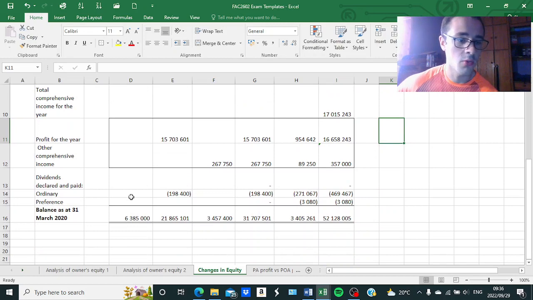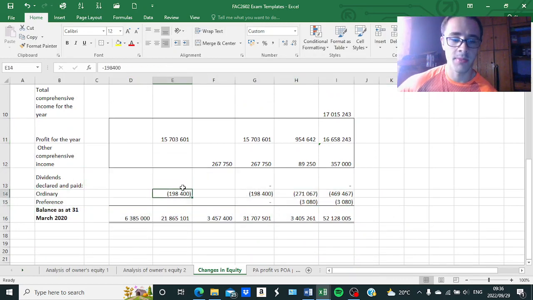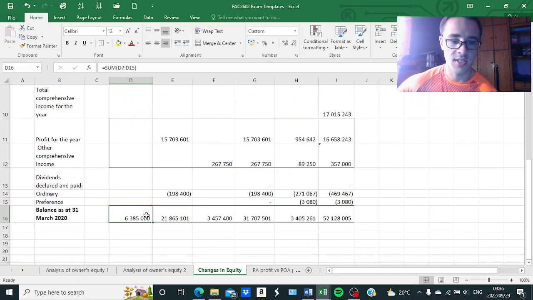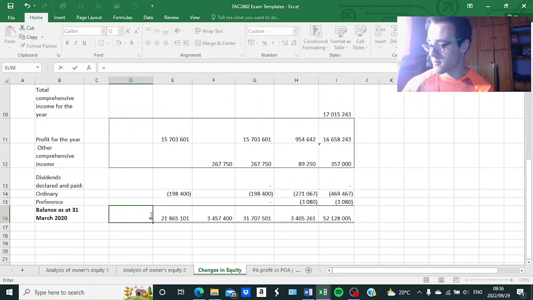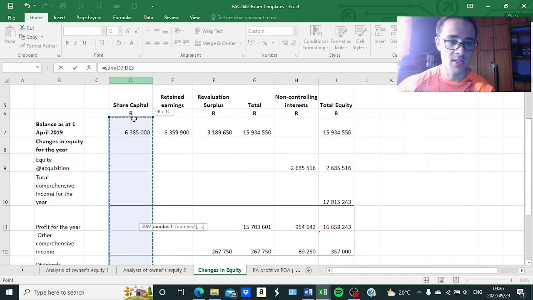And then we have dealt with the dividends already. We have shown the dividends paid by the parent as well as the dividends paid to non-controlling interests. Remember, we have eliminated intergroup dividends already. And just for the sake of making sure that we have calculated all our amounts correctly, the closing balance would just be the sum of this.